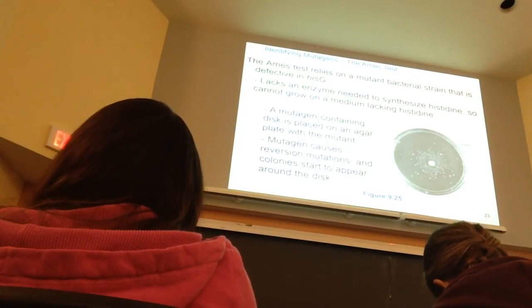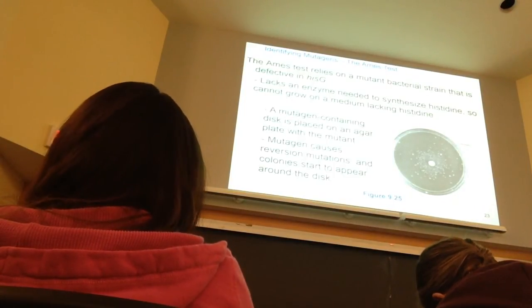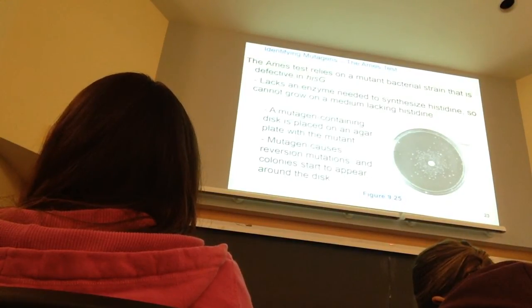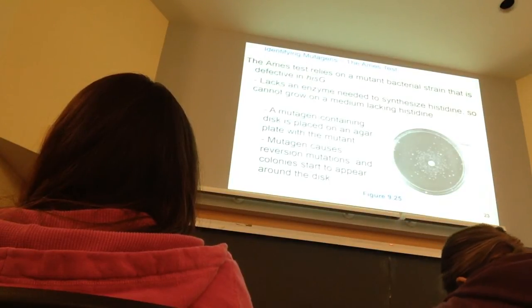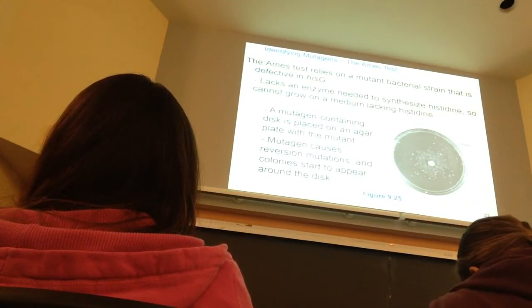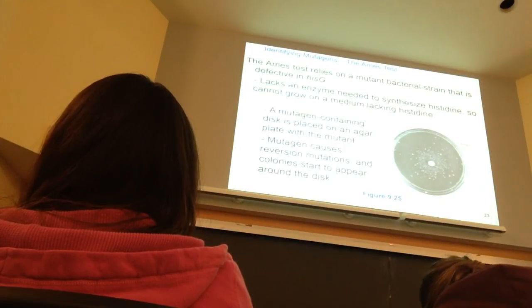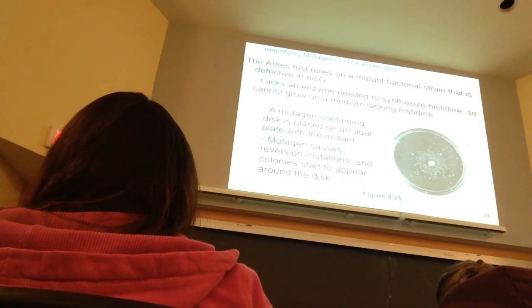And so that's kind of the ironic thing. So it says the mutagen, that is the chemical that's in that disc in the middle of the plate, causes a reversion of that mutant back to the wild type, and now it reacquires the ability to grow on that agar plate. So this agar plate, you might want to write this in, does not have histidine.